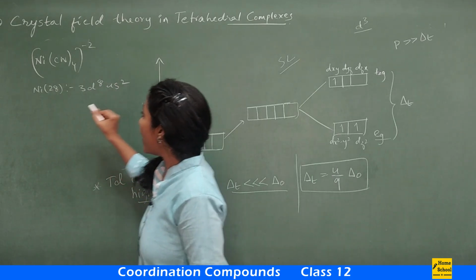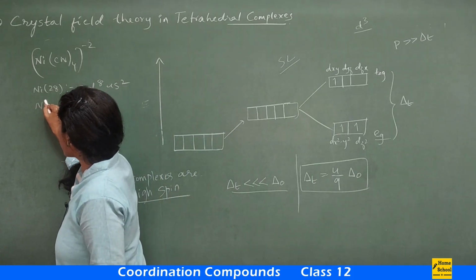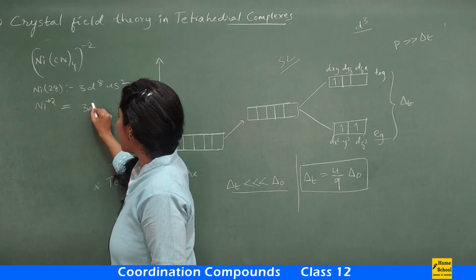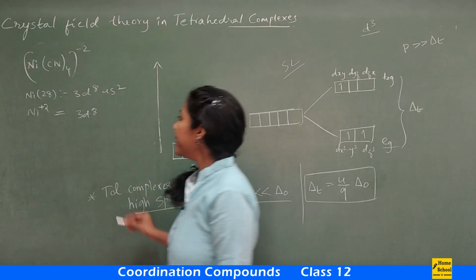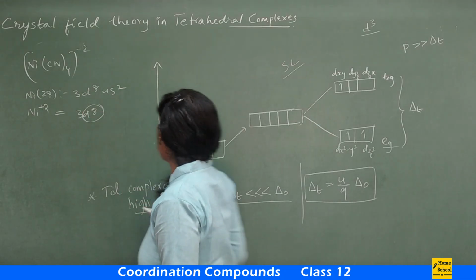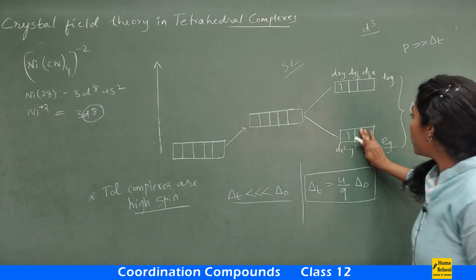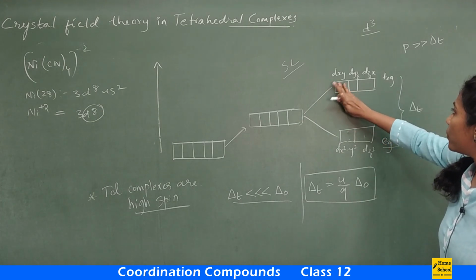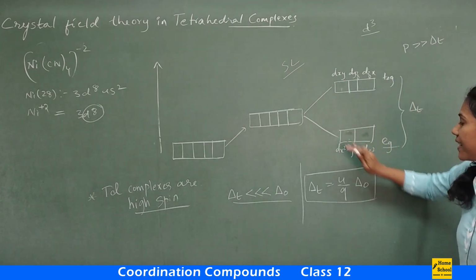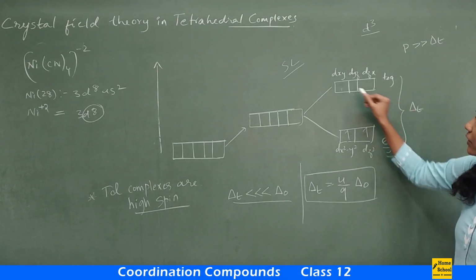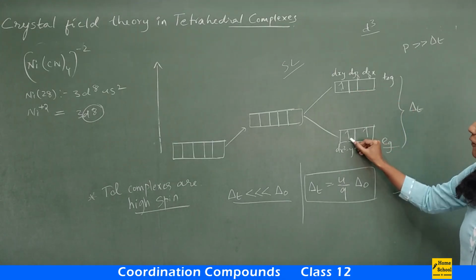Here nickel has oxidation state +2, so its electronic configuration is 3d8, meaning it is a d8 system, so this complex has 8 electrons. Let's arrange them. This is the EG set which has lower energy, and this is the T2G set which has higher energy. First electron, second electron, and the third electron will go here instead of pairing up.